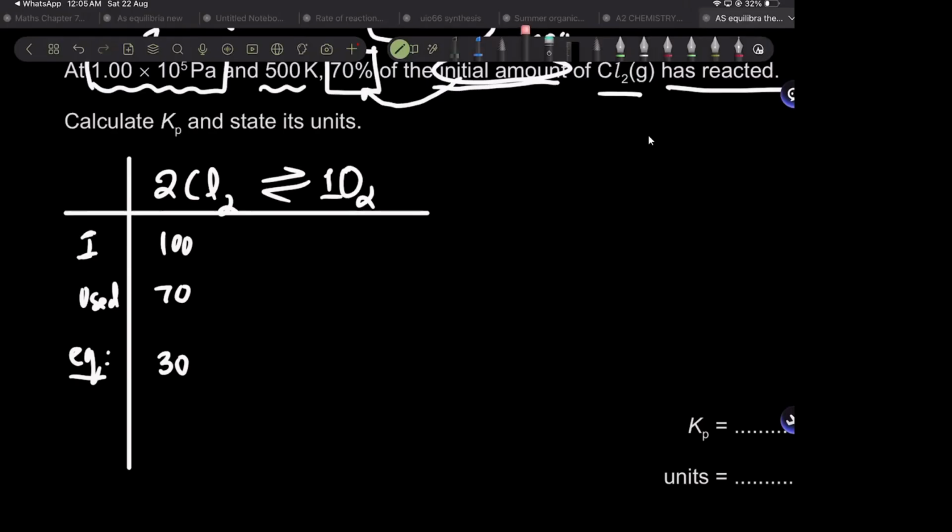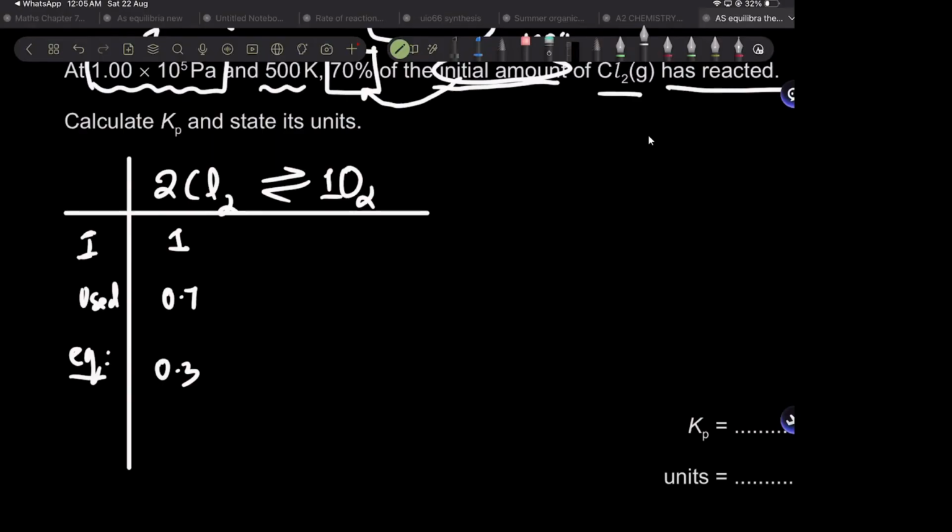We use the decimal numbers. So 100% would be how much? One. 70% divided by 100 would be how much? 0.7. And then how much would be the remaining amount at equilibrium? 0.3. So I just converted the percentages back into the decimal forms.